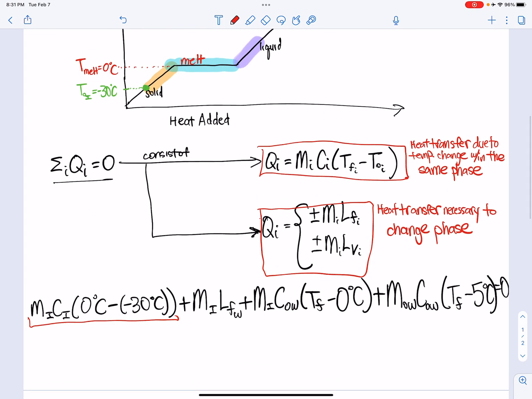And let's try to separate this into categories, just so it's clear. Okay? So this part of the equation is the heat transfer due to temperature change for ice within the solid phase only, right?